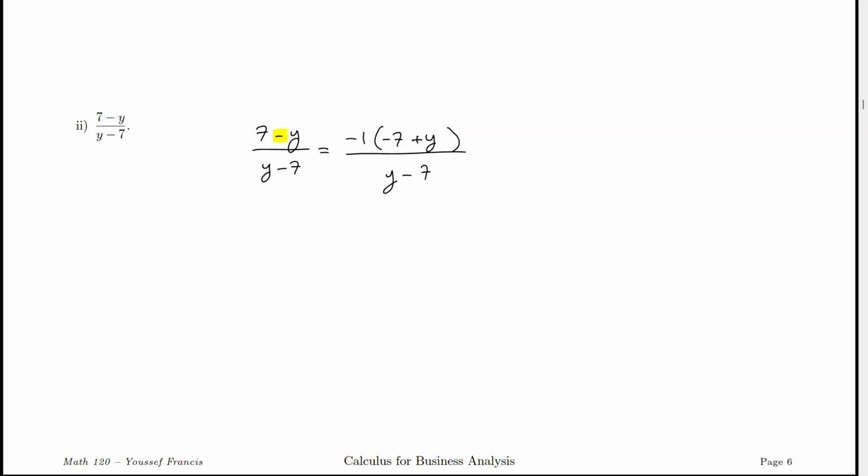However, I don't like how this parentheses on the numerator is written. So it's usually more common to write the variable first, then the number. And because the y has a positive, I don't need to write down the plus sign. I could just write simply y minus 7. And so now you can see that the quantity y minus 7 is repeating, so we can finally remove it.